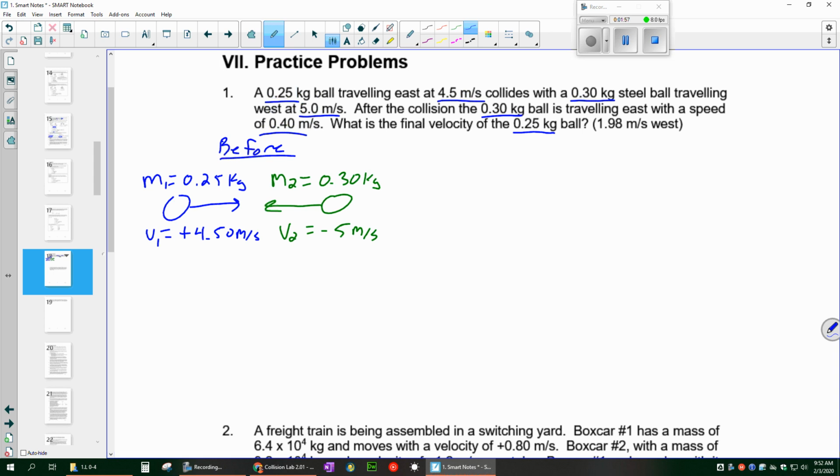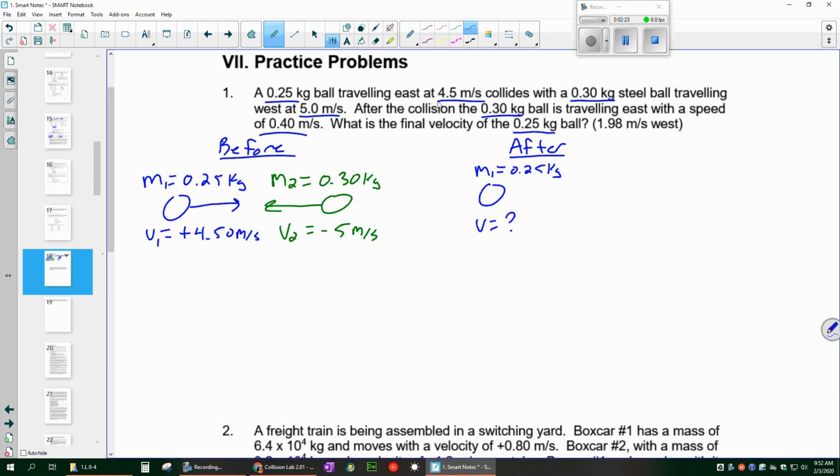Now let's get our picture after. So after, we've got M1, and M1's still the same, so you can write that in there too, so 0.25 kilograms. And the V, we don't know, right?